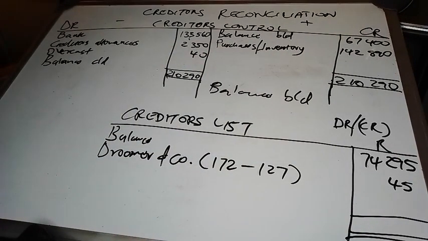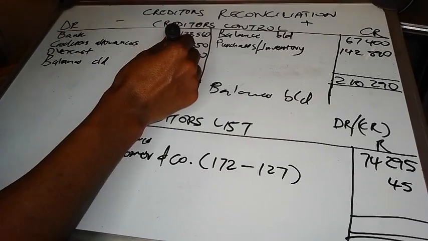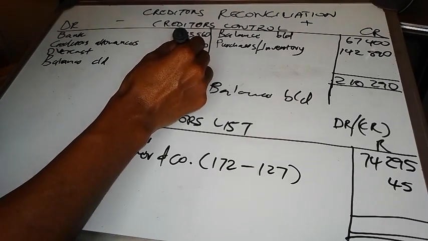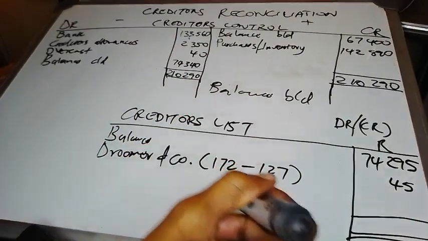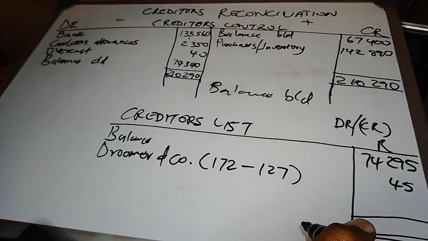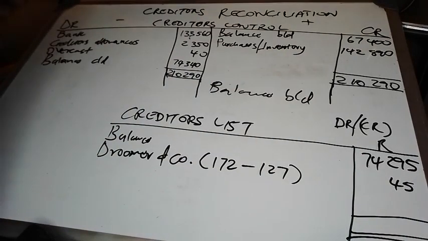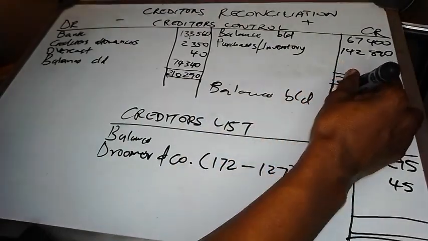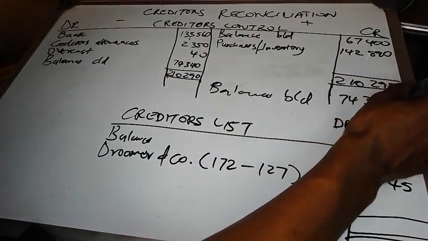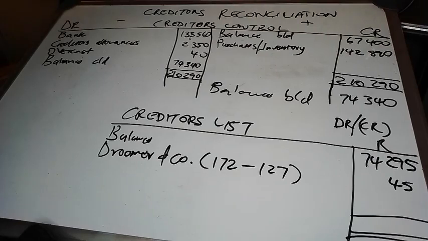Now we subtract the debit side from the credit side, right? So we will have 74,340 as our balance.